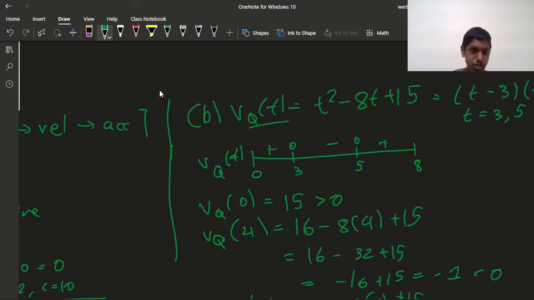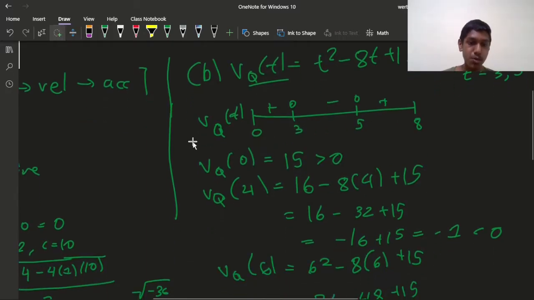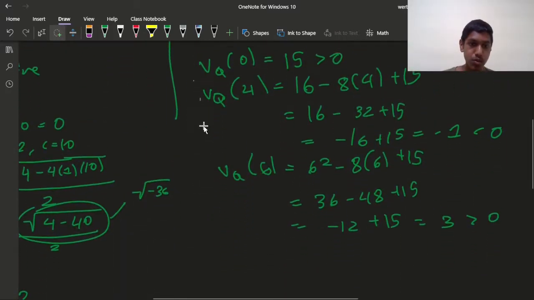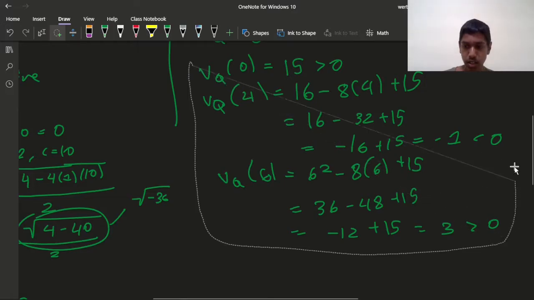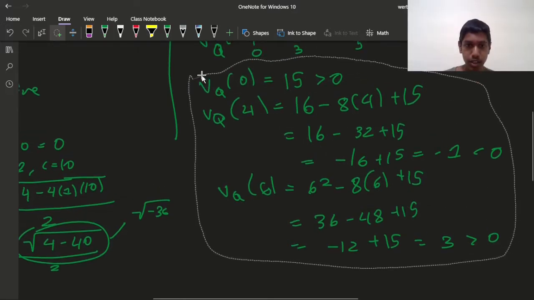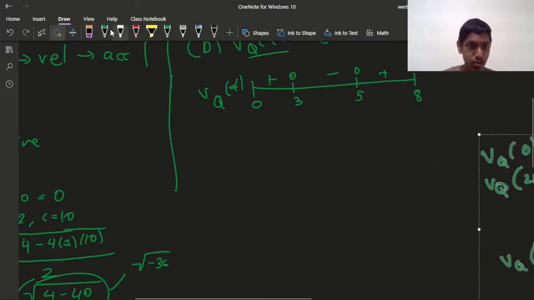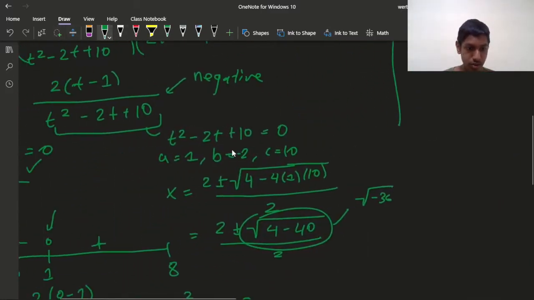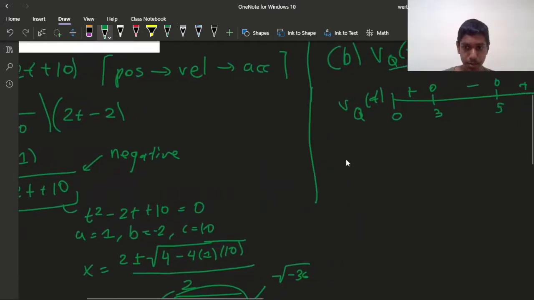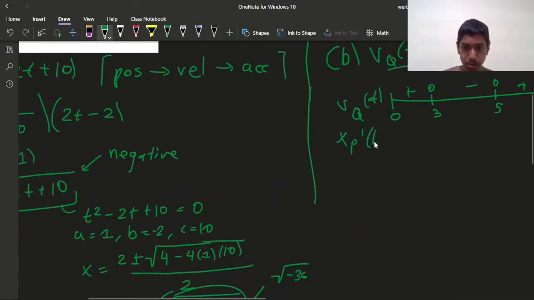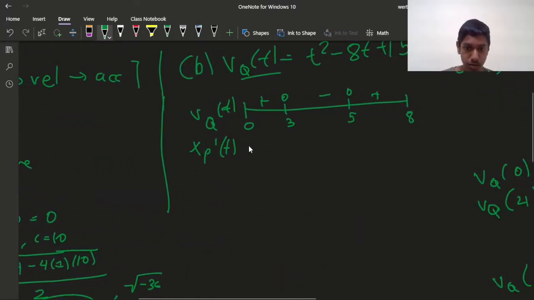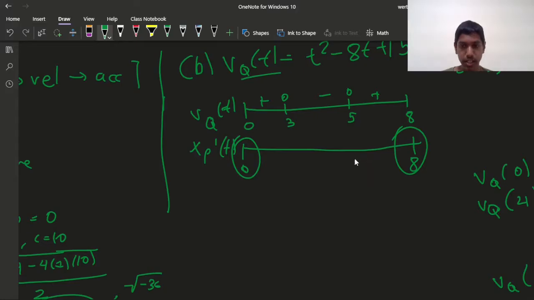Now we've just got to overlay it. So let me take all this work and move it to the side, so that we'll get room for our other sign chart, which is xp prime. Something important when you're overlaying sign charts for comparison is you've got to make sure that all your points are in sync.